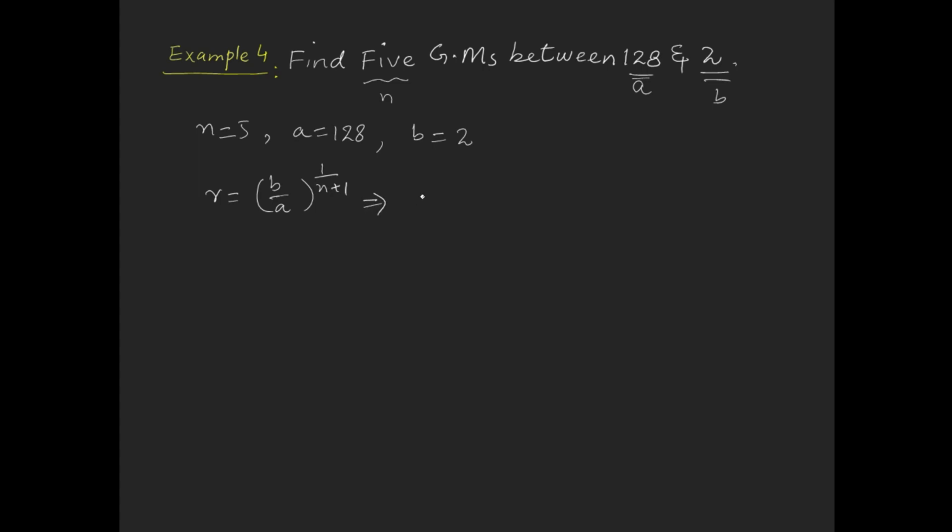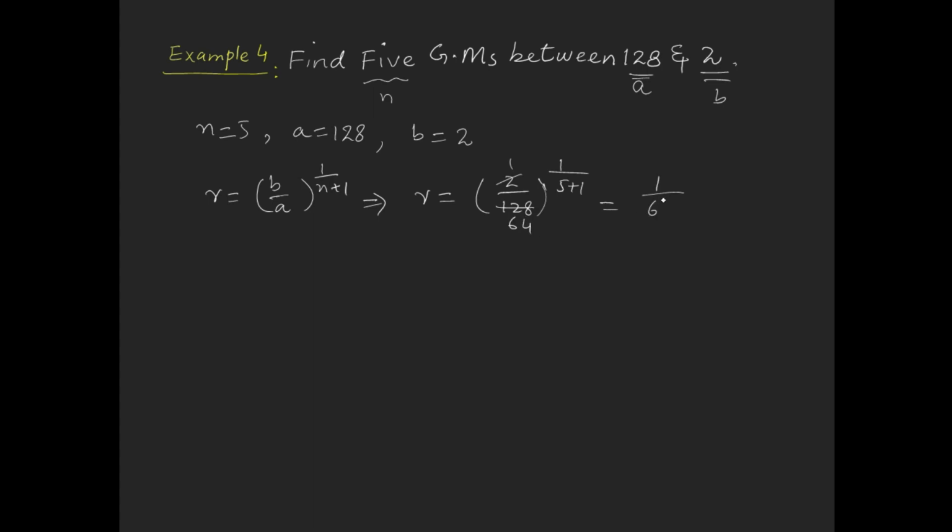This implies r is equal to 2 divided by 128 raised to the power 1 divided by n plus 1. n is 5, so 5 plus 1. 2 is cancelled with 128, so 64.